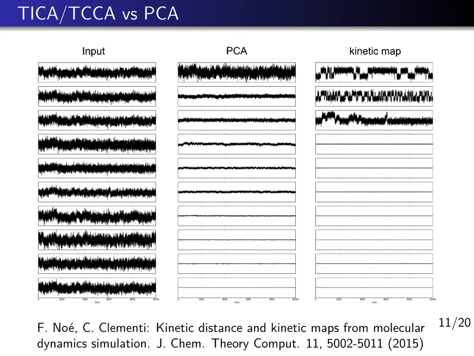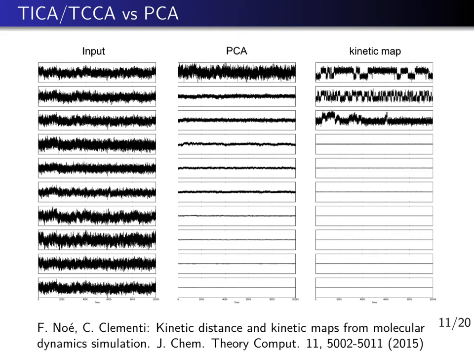And then we can essentially keep the dimensionality of the problem, and we have defined an embedding, so a new space in which distances correspond to timescales it takes to go from one point to another.